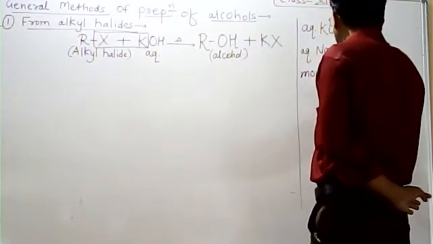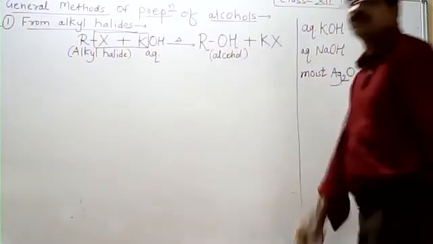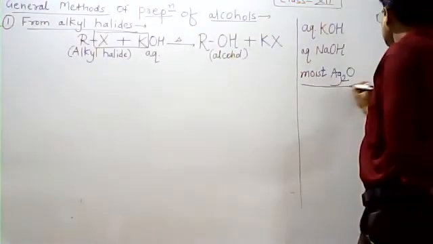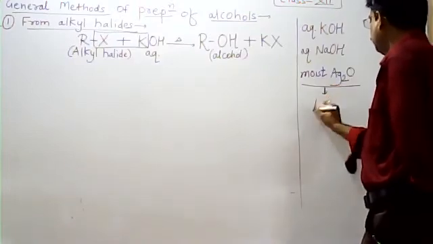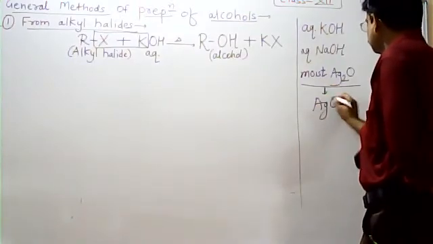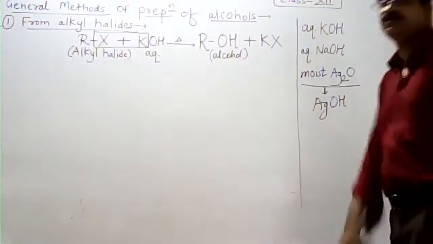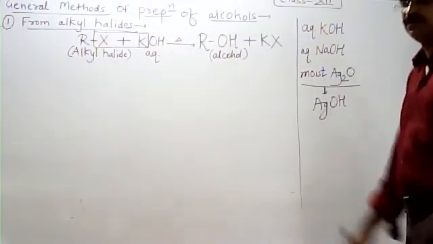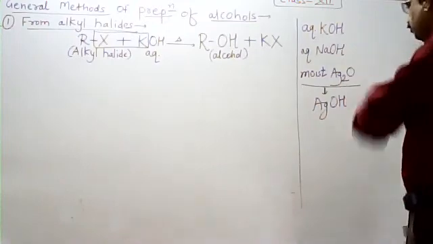Moist Ag2O, silver oxide, it becomes AgOH, silver hydroxide. हे पण आपण यूज करू शकतो.